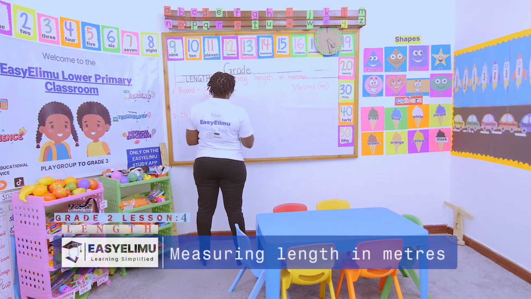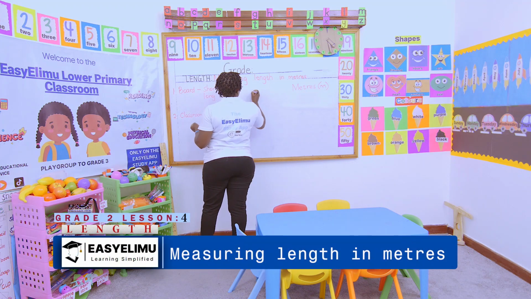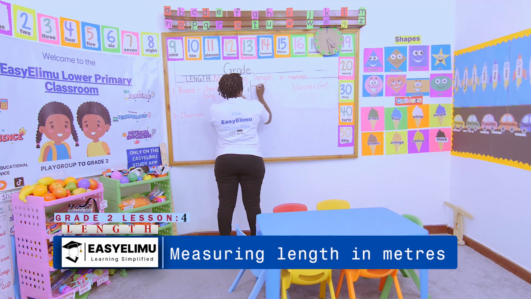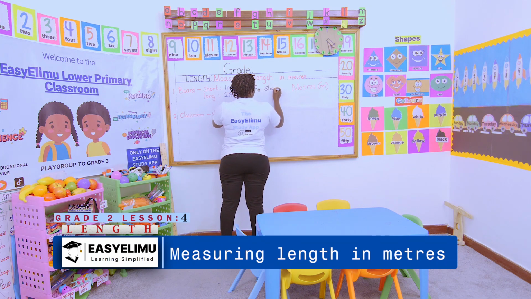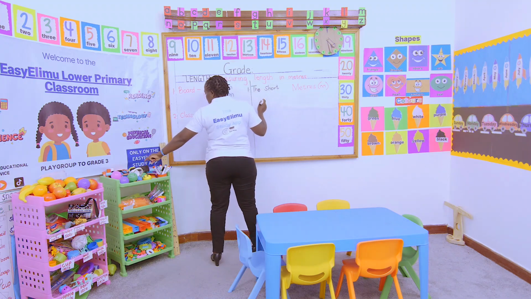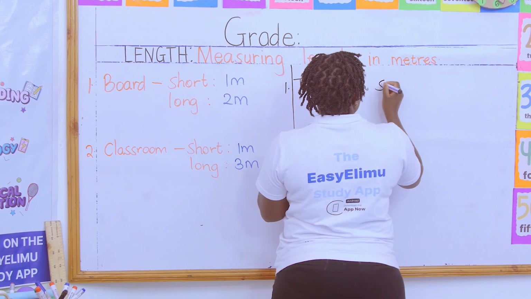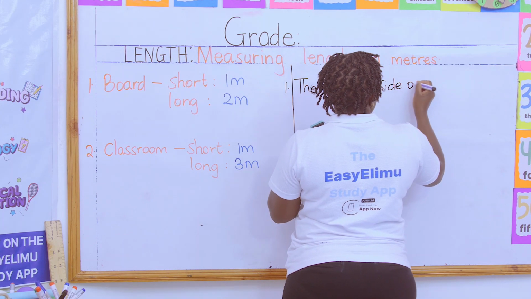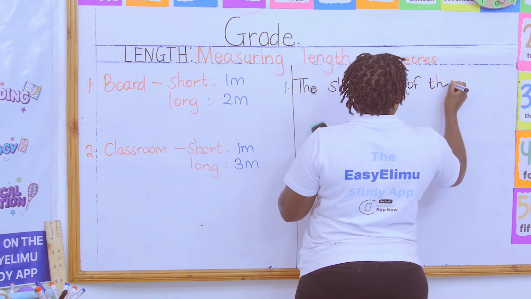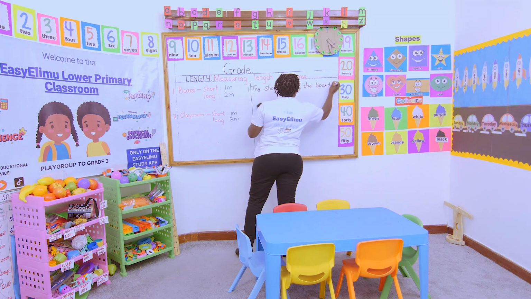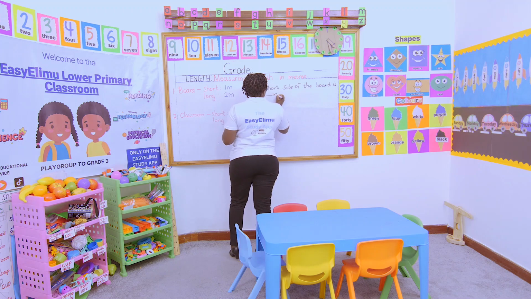Somebody answer this question nicely: the short side of the board is dash meters.